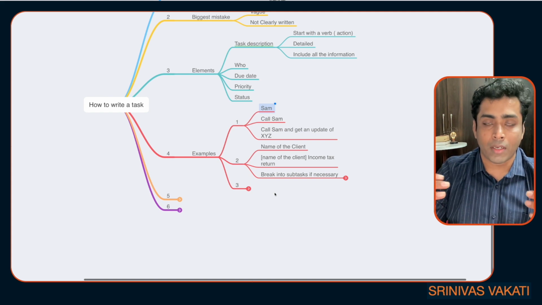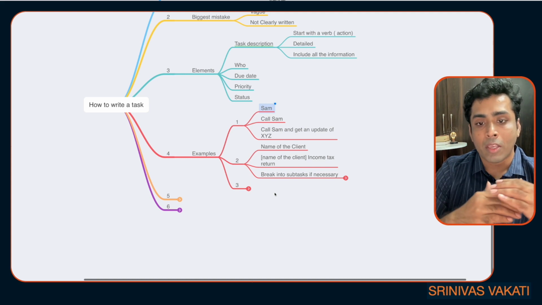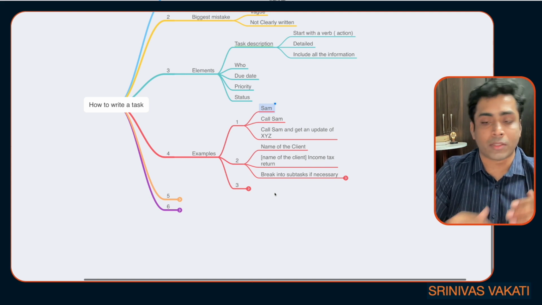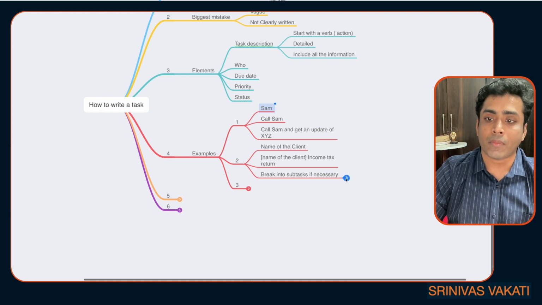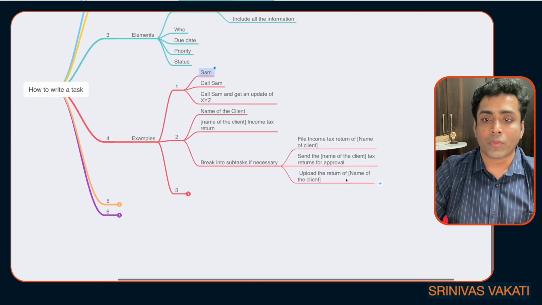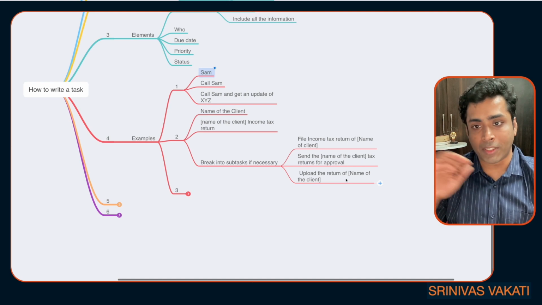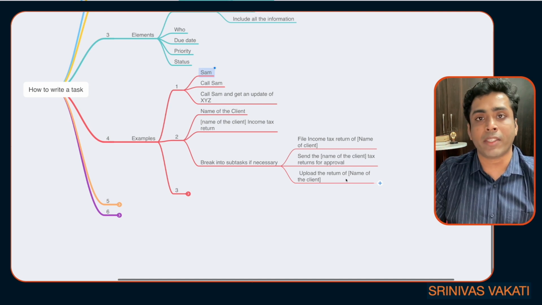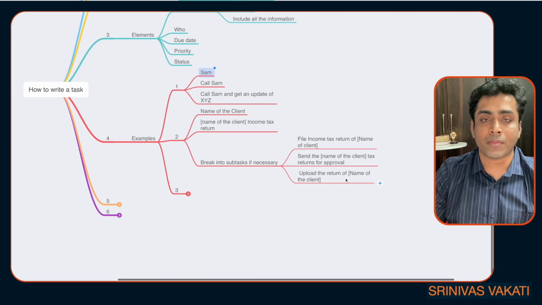Now this one is slightly better and slightly clearer. And how to make it even more clear and more specific? You can break it into subtasks if necessary. The first step could be file income tax return of this client.